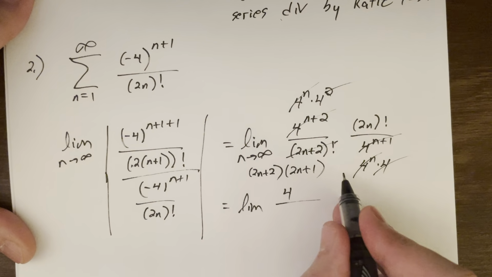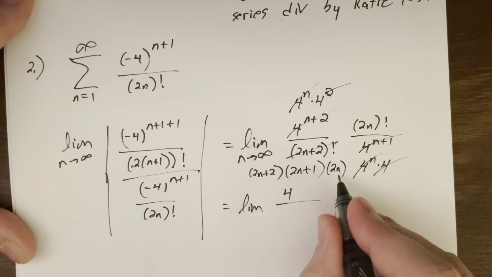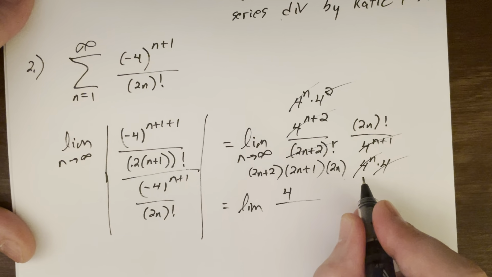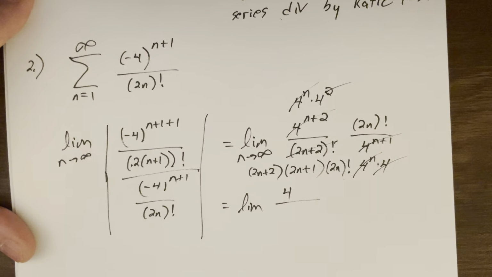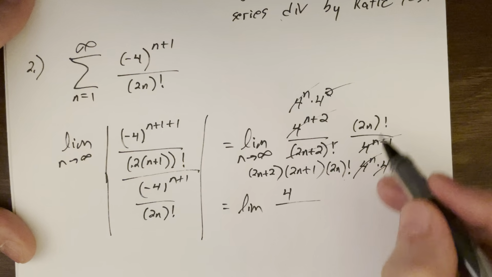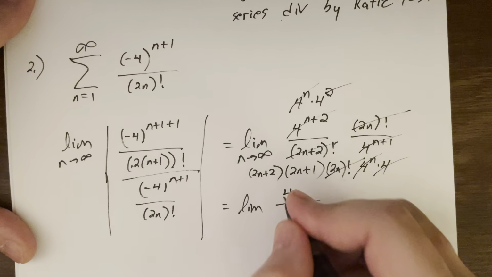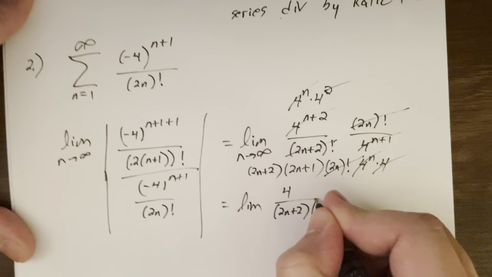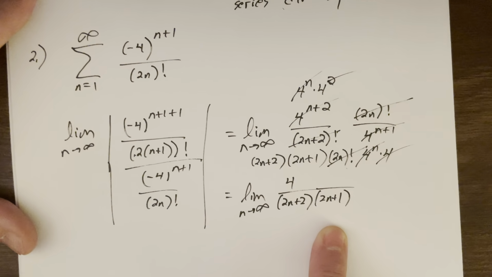Keep going, subtract 1 again, and you get 2n. I stop there. I can keep going, 2n minus 1, 2n minus 2, 2n minus 3, but I stop there because these match. Don't forget your factorial. I'm not just crossing off the 2n's. It's the entire (2n)!. This is what we are left with.